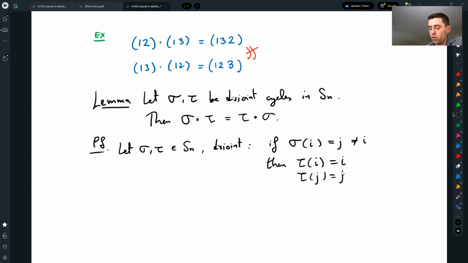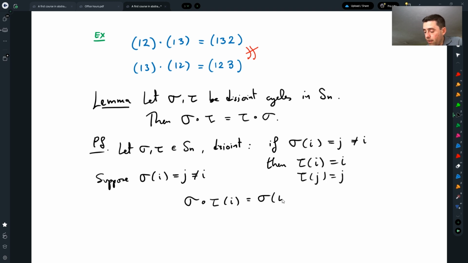So let's suppose that sigma does do something to an element i. And let's see what is sigma of tau of i. Tau leaves i alone, so that is sigma of i, and sigma of i is j.